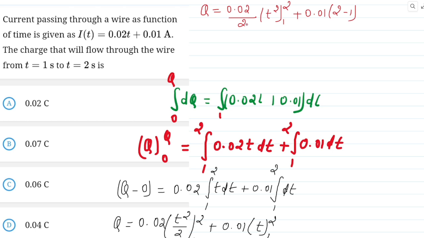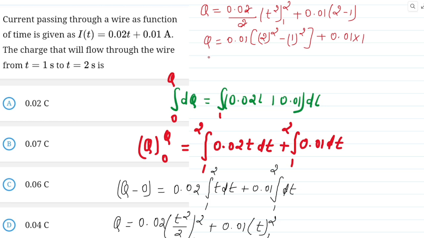Clear? So on cancelling the 2, q is equal to 0.01, and we put the upper limit minus the lower limit, that is 2 square minus 1 square. So we find it is 4 minus 1, plus 0.01 into 1.